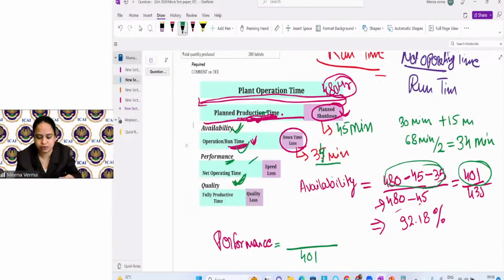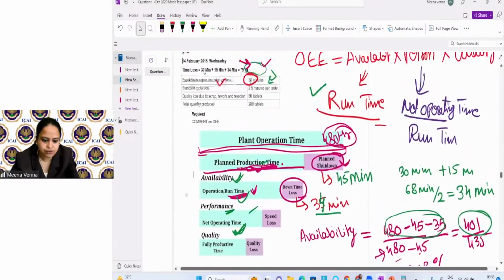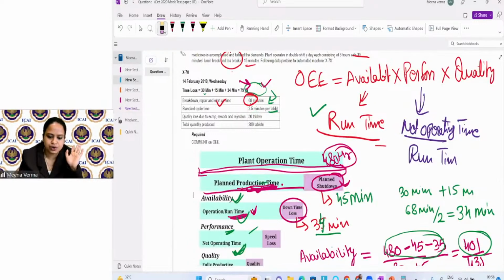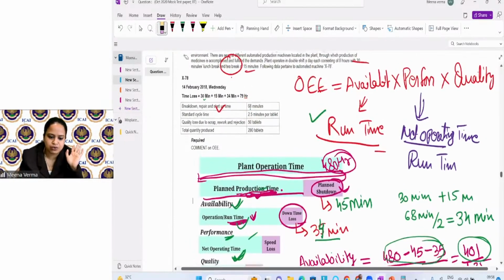Net operating time. Let's see how we will find it. It is given here that the standard time for the production of one tablet is 2.5 minutes. Let's see how many units we are producing.